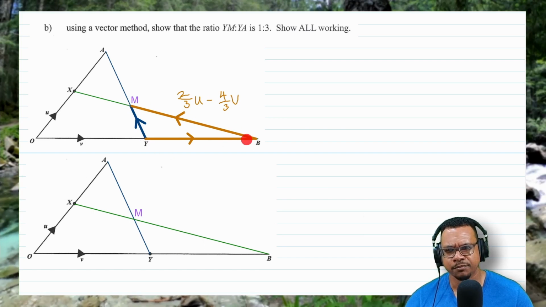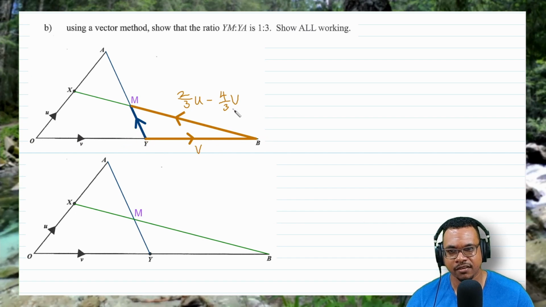And this vector Y to B, remember, O to Y was v, and Y to B is also v. So this is this v here. And that's because Y was the midpoint of O to B. So if here's v, from here to here, then here to here is also v.